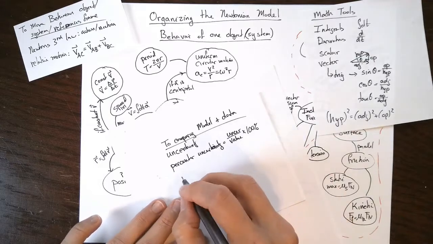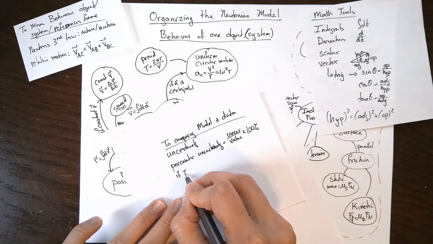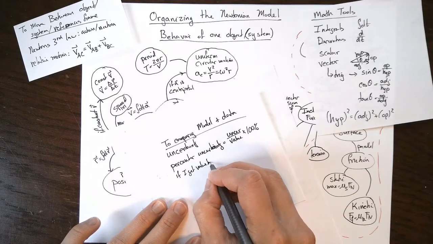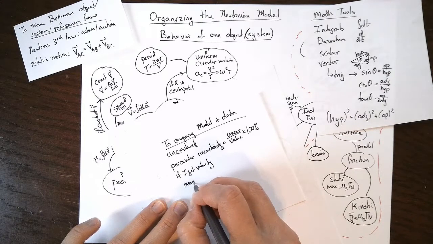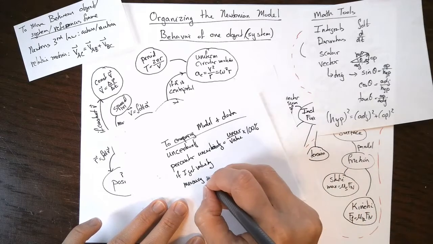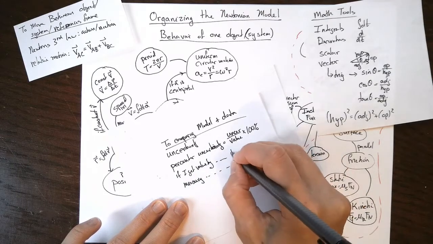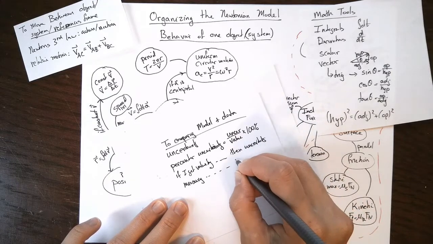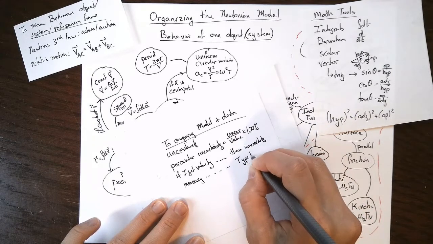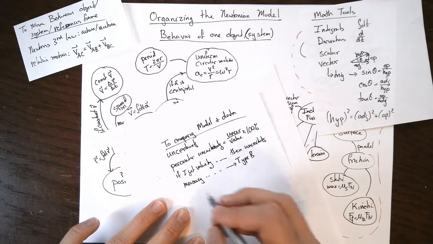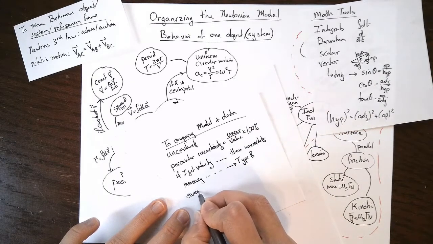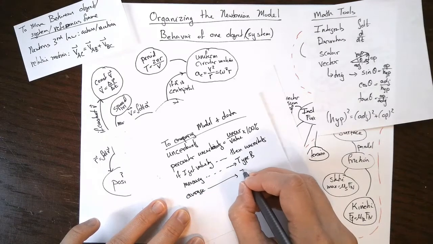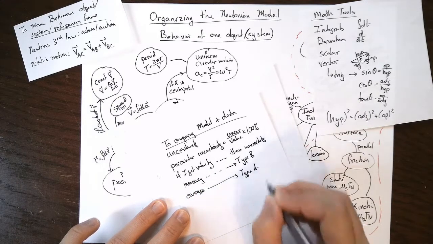You can also say, if I get the value for something that I'm looking at by measuring it, then I get uncertainty by type B methods. If I'm averaging a bunch of data to get my value, then I use type A methods.